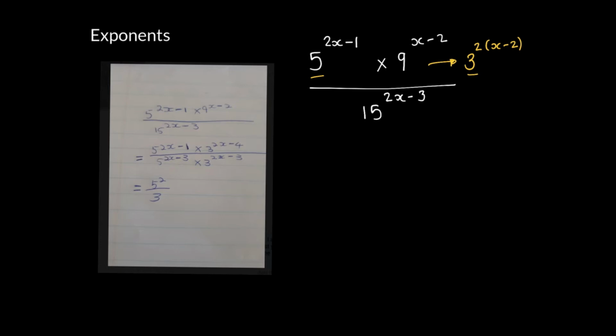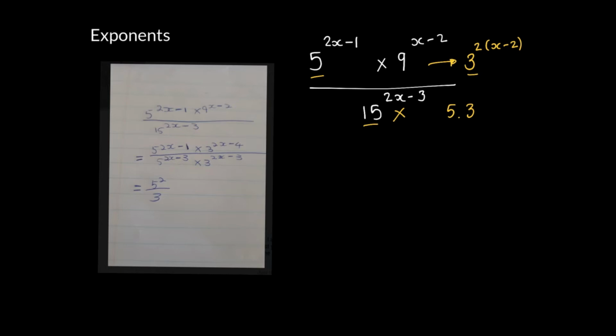So the only way we would possibly be able to make it any simpler is if our 15 here was written as 5 multiplied by 3, which it's not in this case, or if our 5 and 3 squared here was written in some sort of 15, which is also not the case.